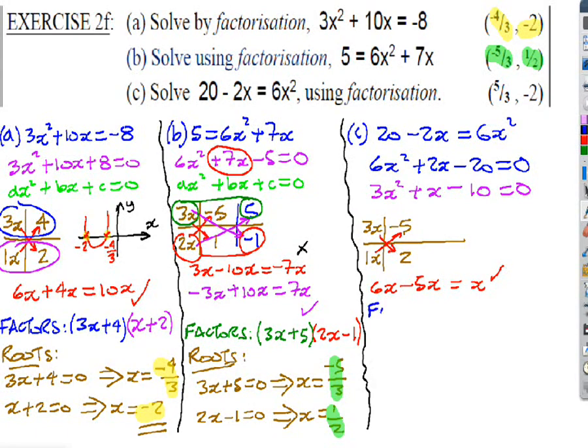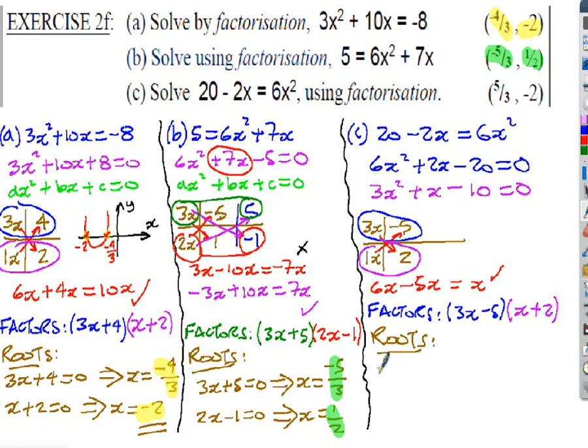So I've got my factors. Reading horizontally across, the first factor is 3x minus 5, and the second factor reading horizontally across is x plus 2. Solving for the roots, 3x minus 5 is equal to 0.